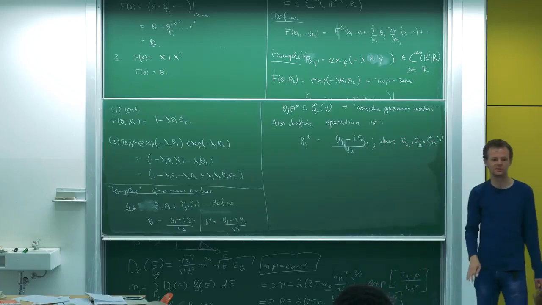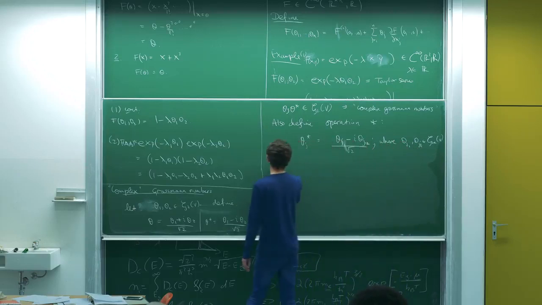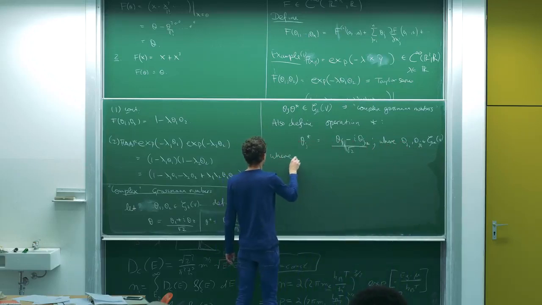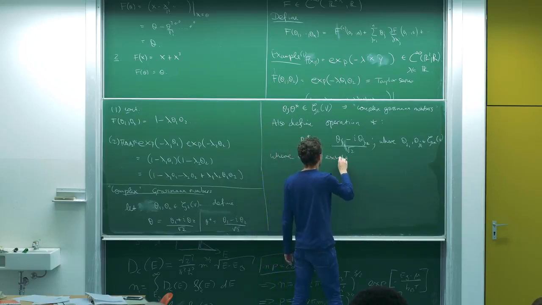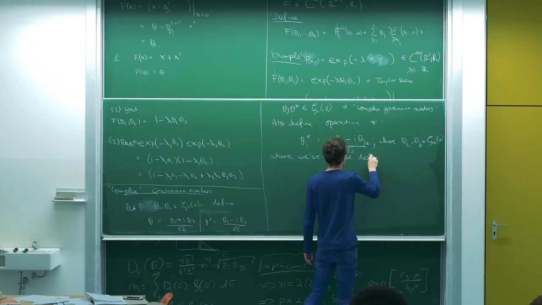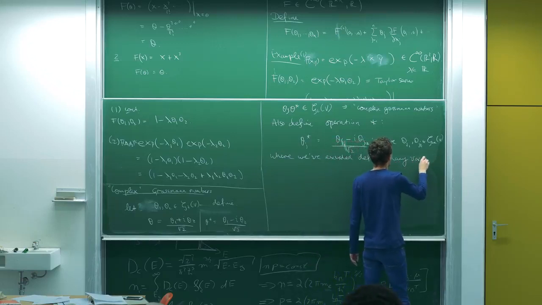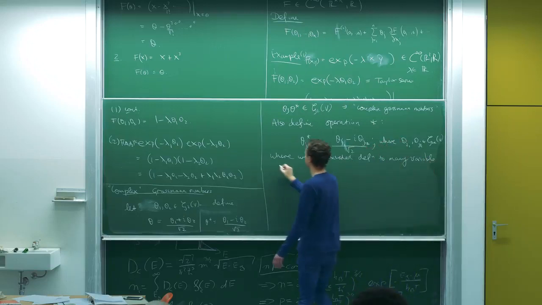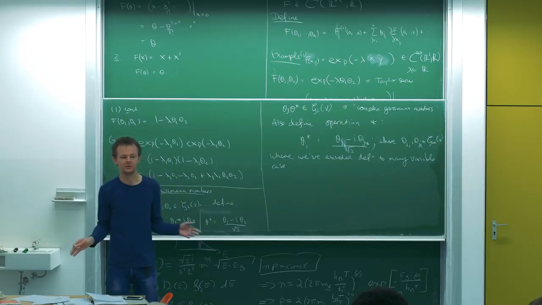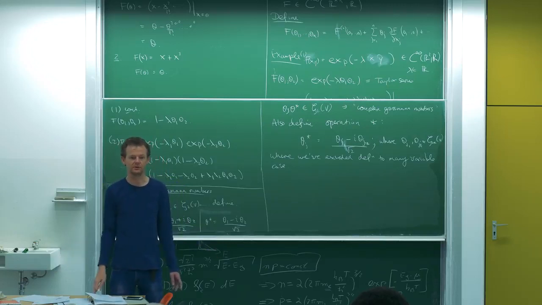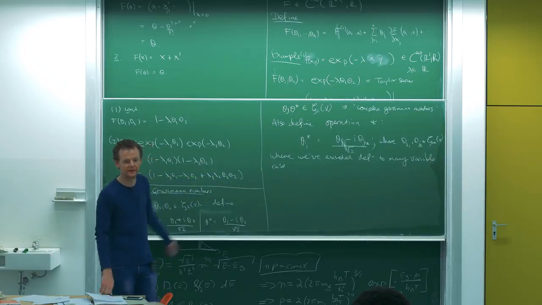And I'm immediately going to extend the whole definition to the many variable case. So just as you can think of complex numbers as two copies of the real numbers, you can think of complex Grassmanns as two copies of Grassmann numbers.